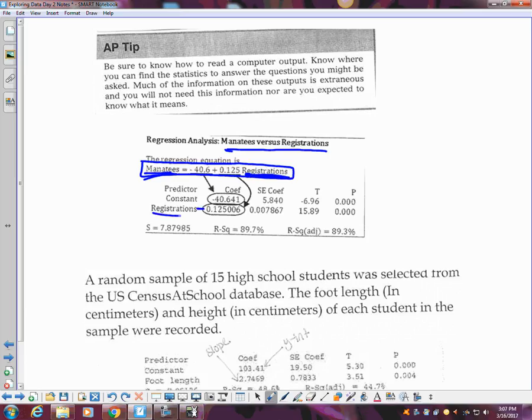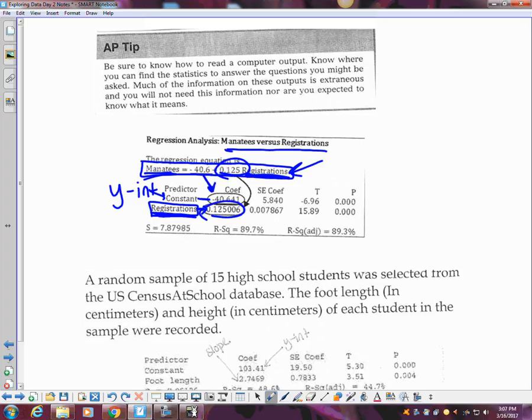Y'all see that? Registrations, and there's your slope. Your constant, which makes sense if you think about it, is going to be your y-intercept because it's a constant. Okay? So the number beside the word constant is always going to be your y-intercept. The number beside what that variable is always going to be your slope.